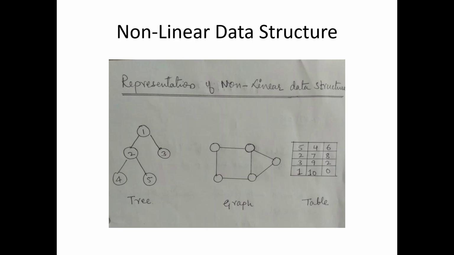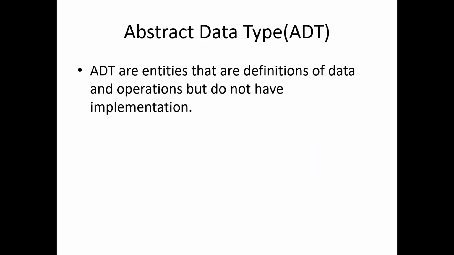Next you will study the term abstract data type. This is the main thing that we will study in data structure. Abstract data type is nothing but representing essential things without going into detail.